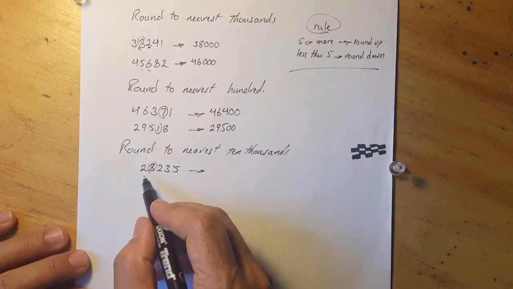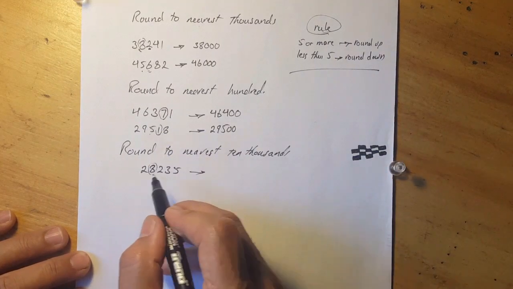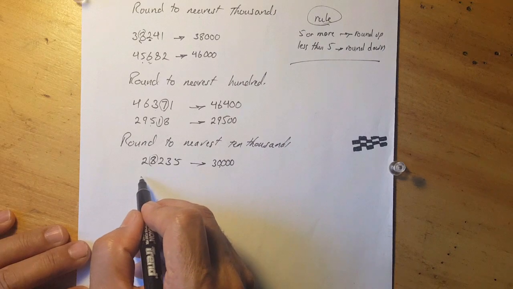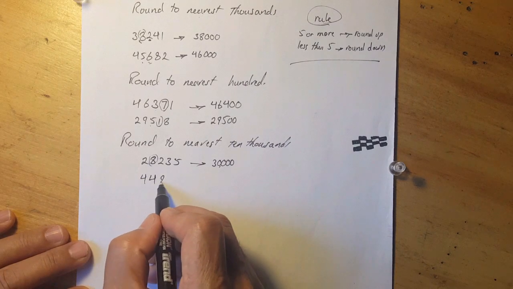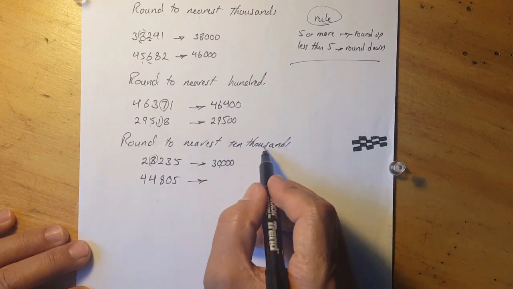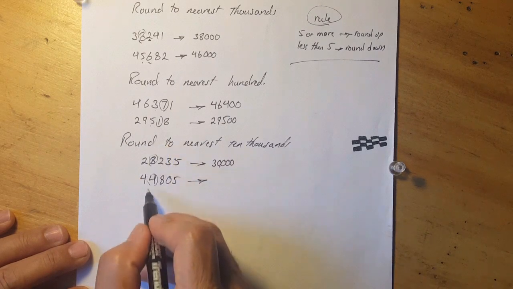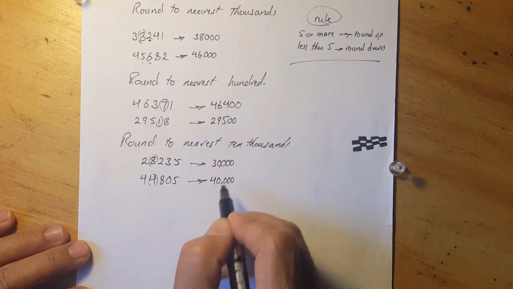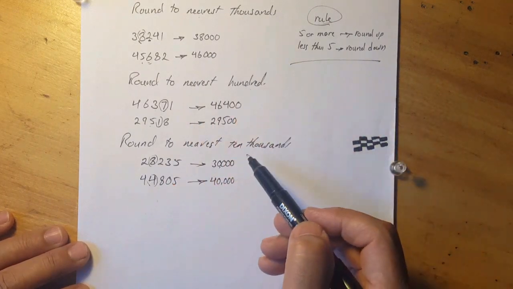It's going to be round up. So 1 is added to the group of 10,000, and it's going to be 30,000. And in another example, the digit is 4 on the right side of the group of 10,000. It's less than 5, so it's round down, so 40,000.